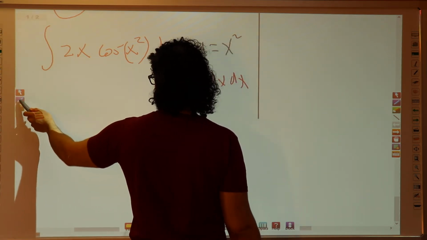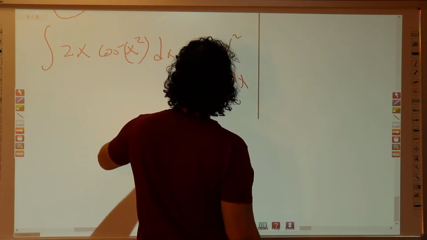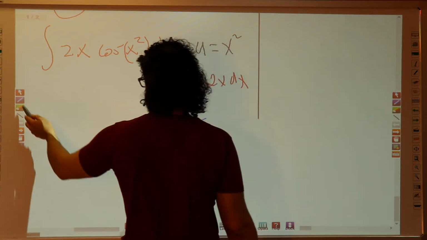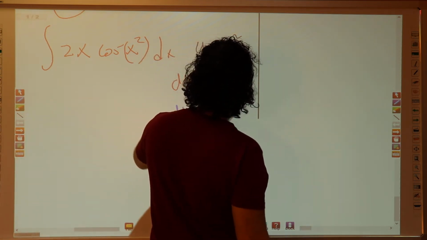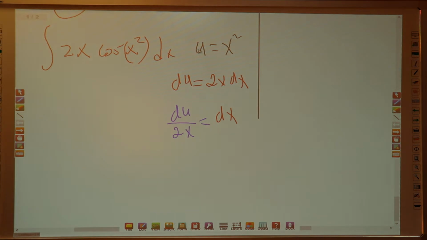What he did, I used to do du over dx, but he used du equals 2x dx. He can do it this way, I don't mind. Then du equals 2x dx, and he divides both sides by 2x. That gave him du over dx. Okay, keep going.